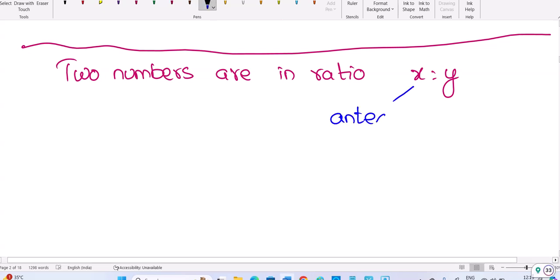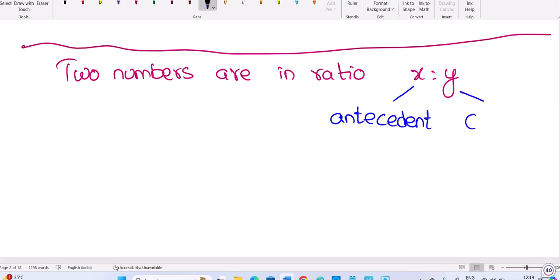In any exam they don't ask what is this, what is that; the definition is not required actually, but fine. The second quantity is called the consequent. In a ratio, when you have two terms, the first is called the antecedent and the second is called the consequent. Now, what is the duplicate ratio?